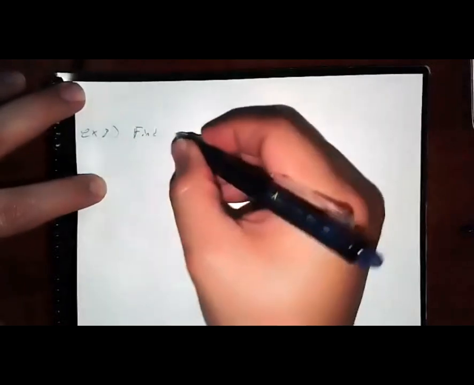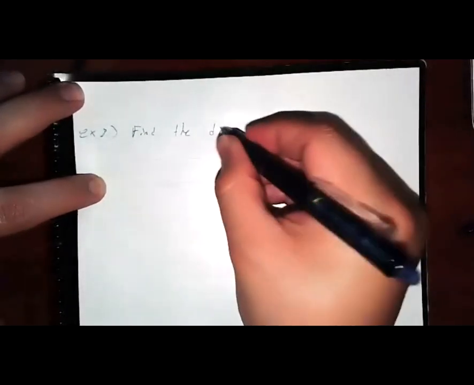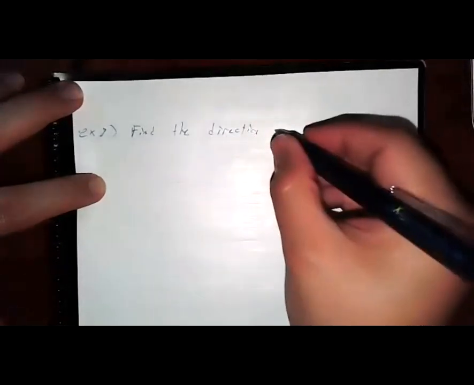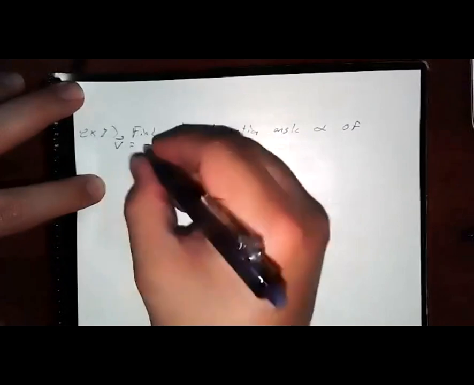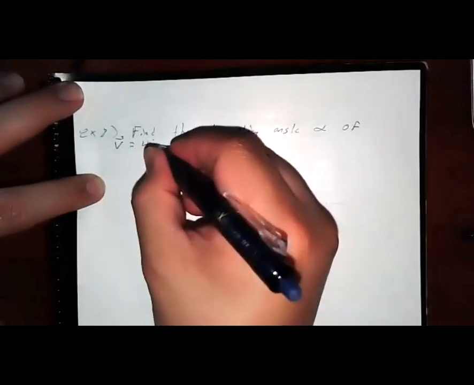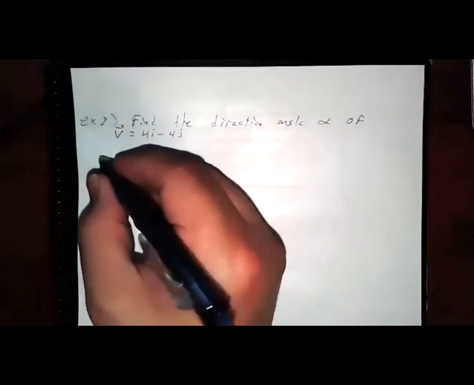Okay. So this time, I haven't talked about finding direction, so let's do that real quick. Find the direction angle alpha of v equal to 4i minus 4j. So to find direction, you can use tangent to help you out, because tangent of alpha is equal to y over x.